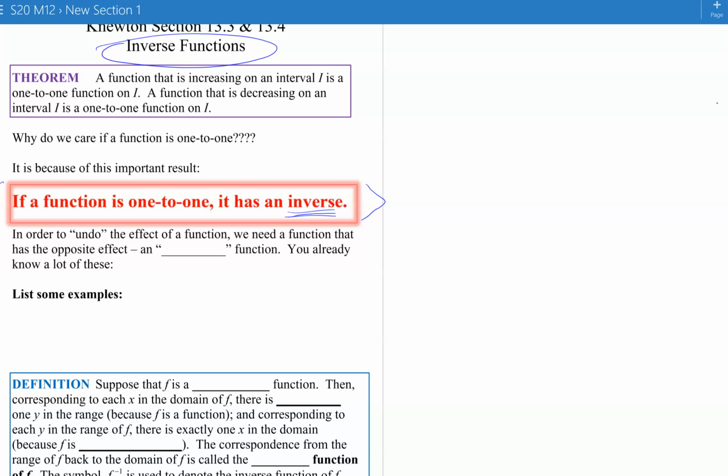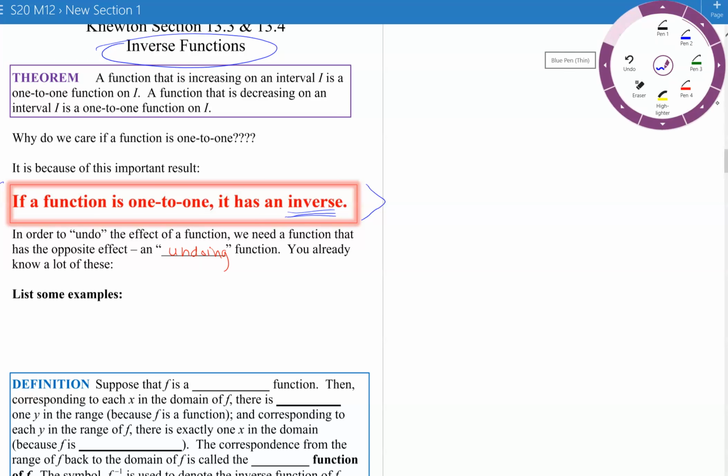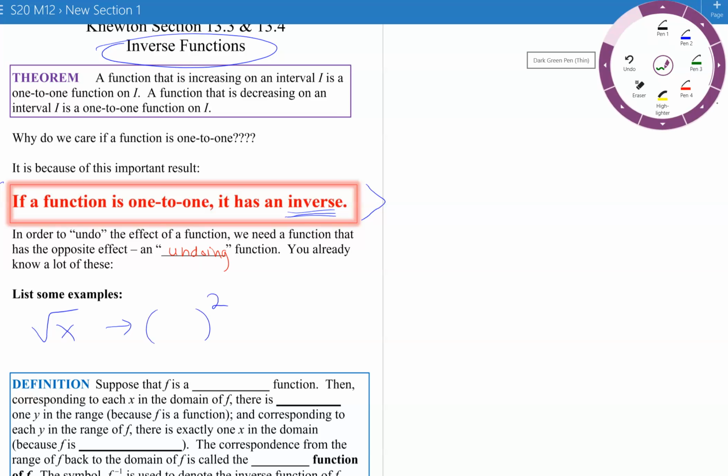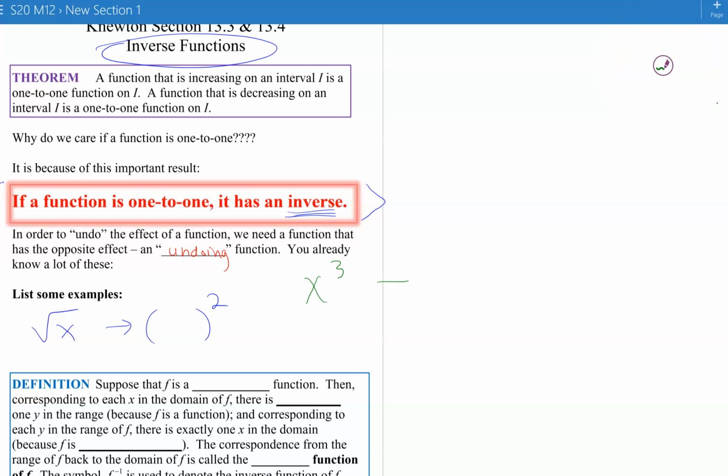Okay, so in order to undo the effect of a function, we needed a function that has the opposite effect, an undoing function. So you already know a lot of these. If you think about the square root function and you want to undo that, then you square. If you have the cubing function and you want to undo that, you cube root.